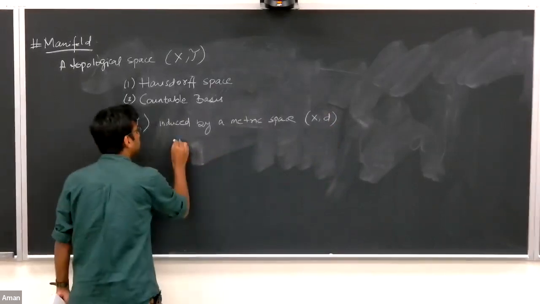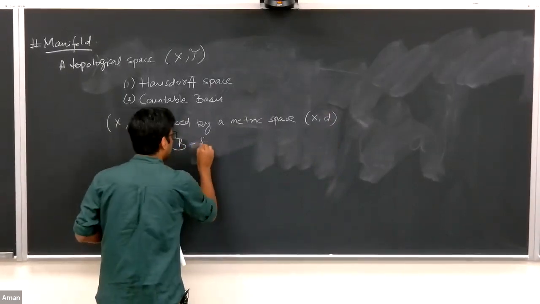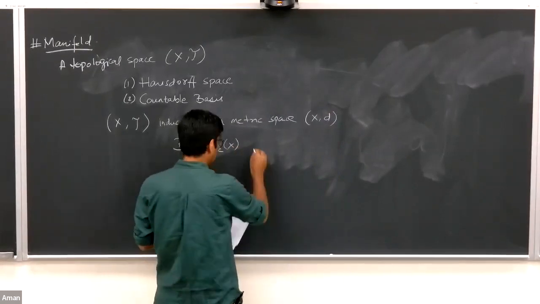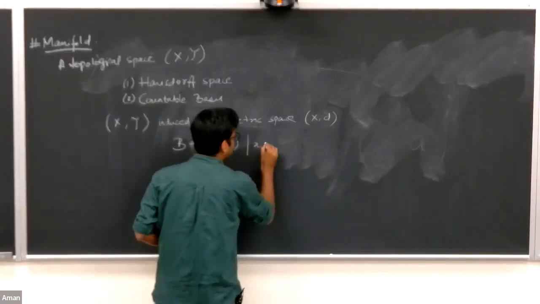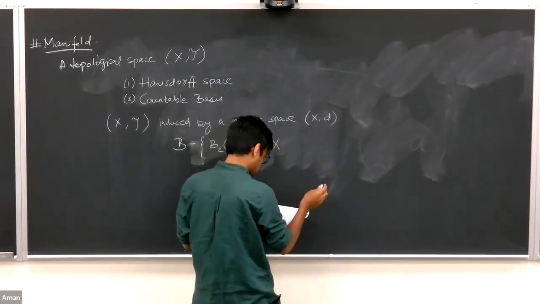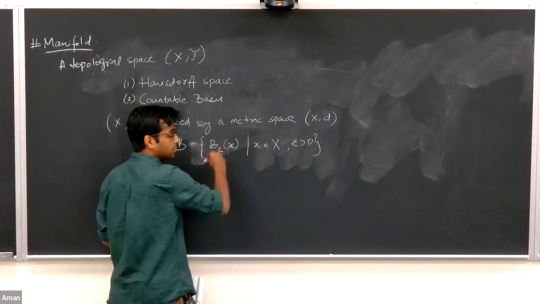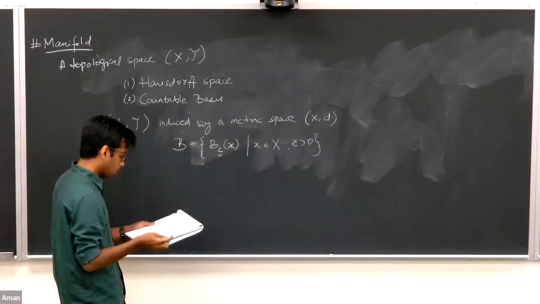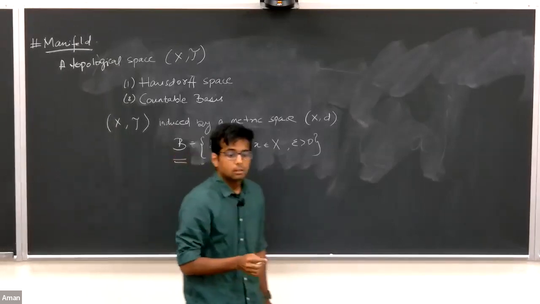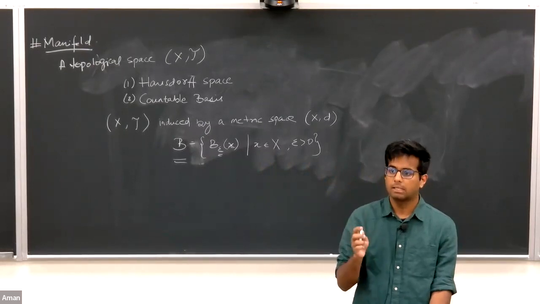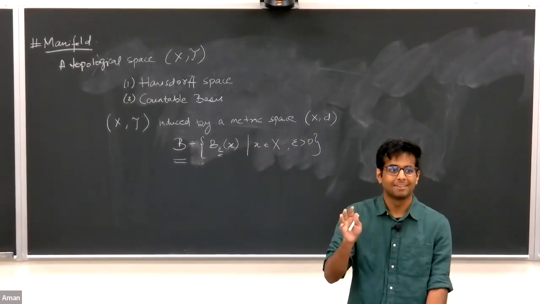If you consider the basis for this, it could be the collection of all open balls around x, such that x is an element of X and epsilon is greater than 0. The epsilon is the radius of the ball. Now, does this space have a countable basis? Does anyone have any guesses? Just yes or no?